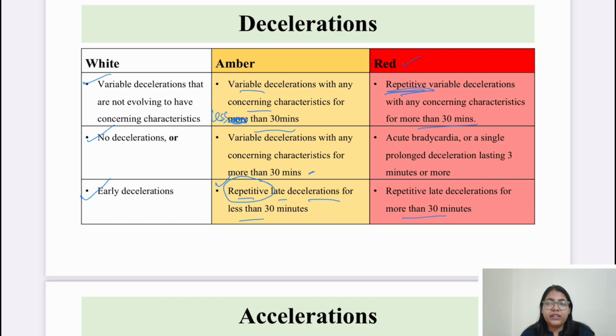Always remember, if there is any repetitive variable decel, see if it is for more than 30 or less than 30. If less than 30, then it is an amber feature. If more than 30, then it is a red feature. And for late decels, if it is repetitive, even if less than 30 minutes, it will fall into red feature. And another red feature is acute fetal bradycardia or a single prolonged deceleration for more than 3 minutes.